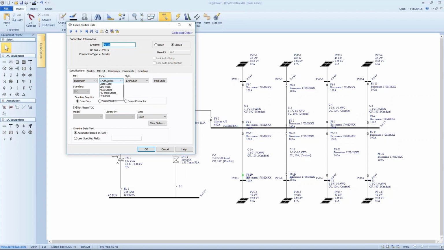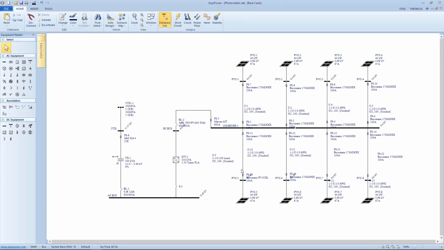But what I'd rather do is utilize one of the PV series fuses from Bussmann. And in this case, we're going to stay with the 100 amp fuse because that's a relatively conservative approach. We're using a 67 amp array, and we're going to fuse it at 100 amps, and given some conservative scaling and compensation, that's a rational thing to do.